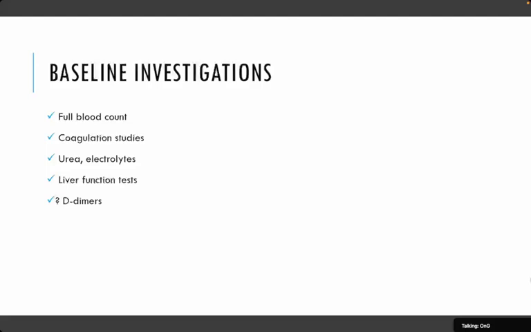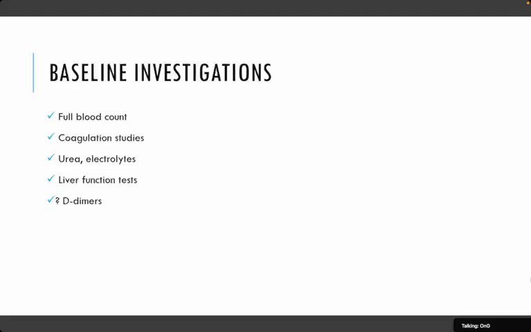D-dimers are fibrin degradation products that are released during thromboembolism, and their measurement is often incorporated into diagnostic algorithms for VTE outside of pregnancy. This has been supported by certain studies that show that if you use D-dimer in certain algorithms, it negates the need for further imaging, such as with CTPA, thus reducing unnecessary radiation exposure.